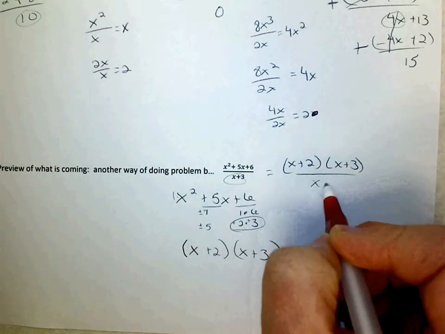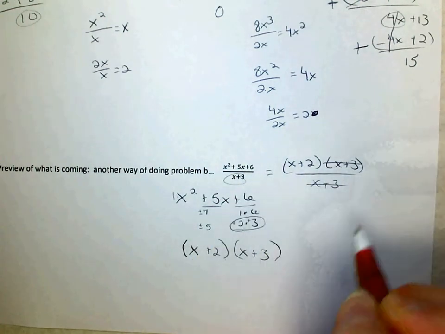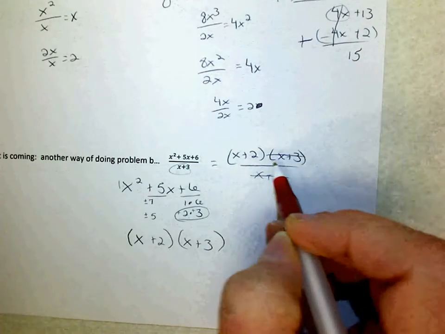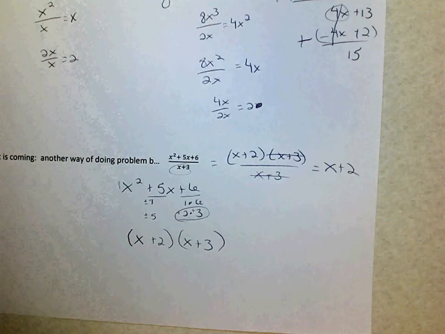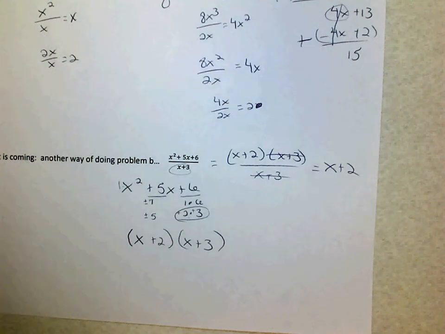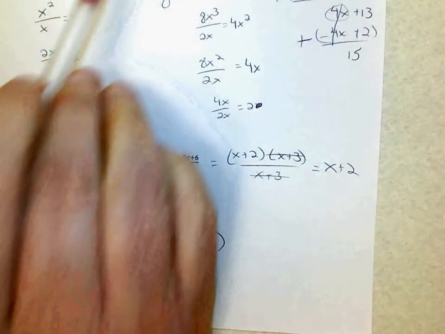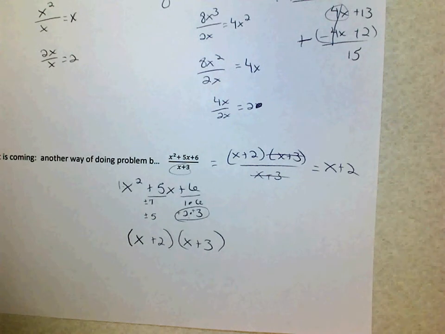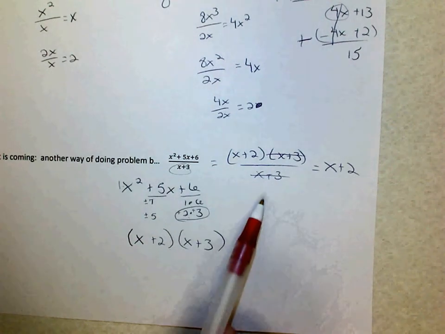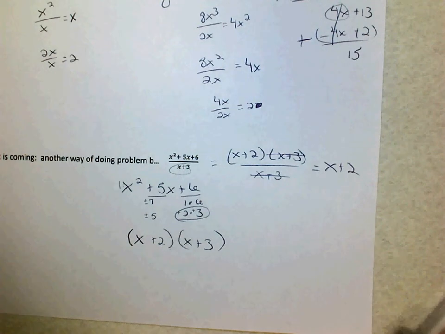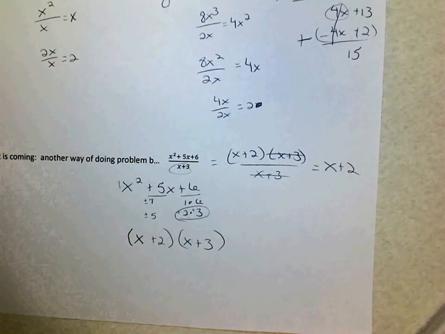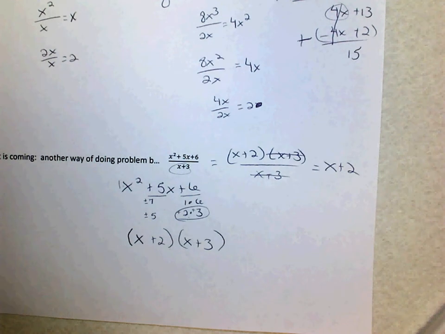Chop, chop. And hot dogs, look what I'm left with. X plus 2. And that's the same answer I got up to in the top with the long division. And look how much less work I did. So factoring is a whole lot easier sometimes than the long division is.